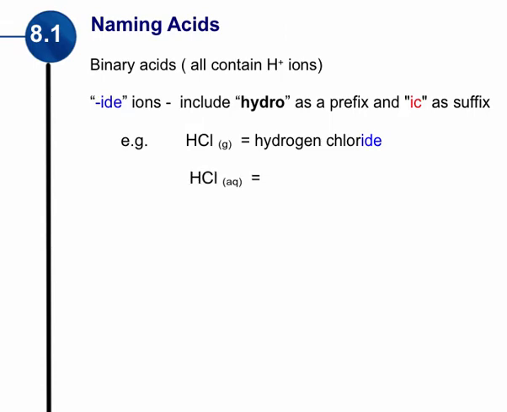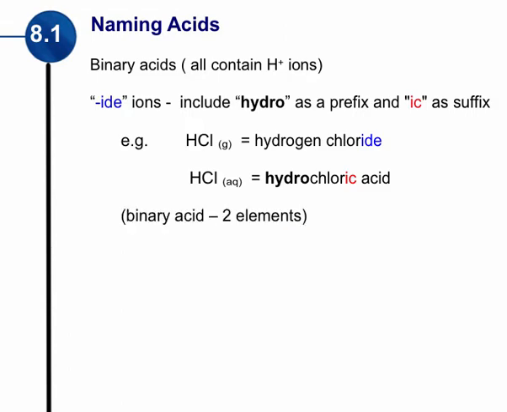Now, if we wanted to write the name of the acid, remember there's the acid because it has that AQ, we would take the ide and replace it with an ic and put a hydro in front. Hydrochloric acid. Hydro is the prefix and ic is the suffix.